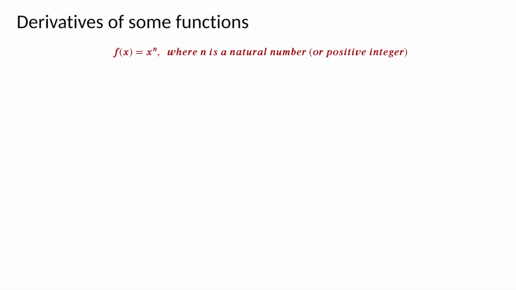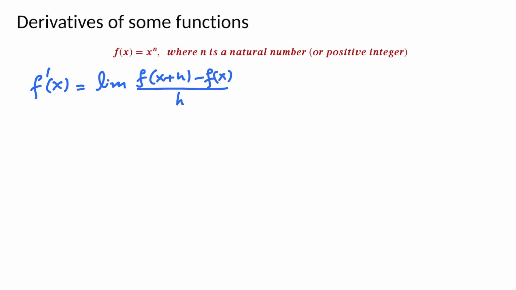Okay, we'll use the basic formula of f prime x, and we know that it is the limit of delta f around x, which is f(x plus h) minus f(x), whole divided by h. h is the small interval on the x axis around the value x, and we are looking at a very small interval, which means h tends to 0.